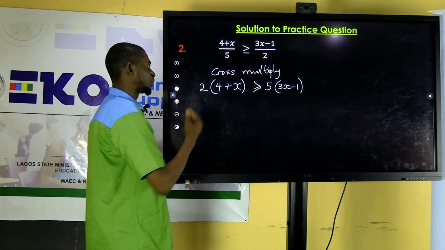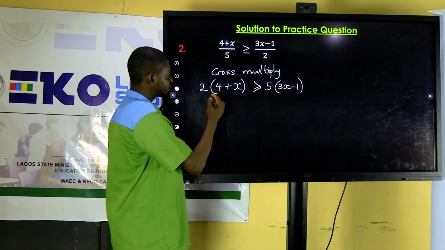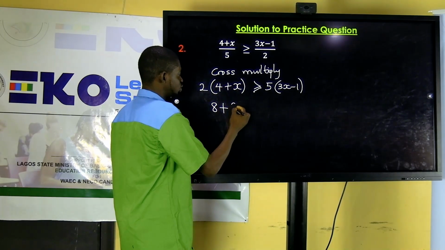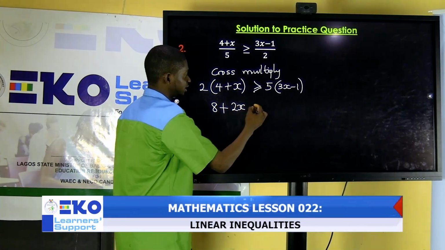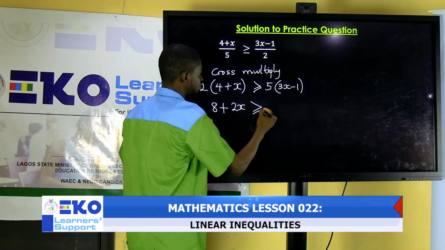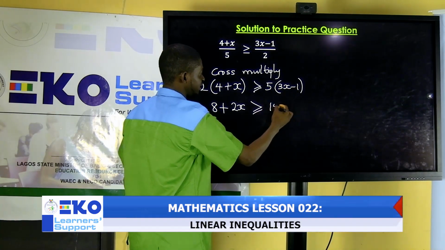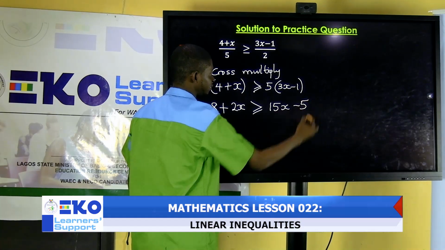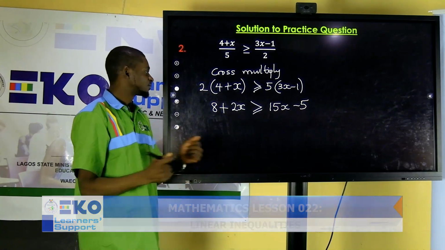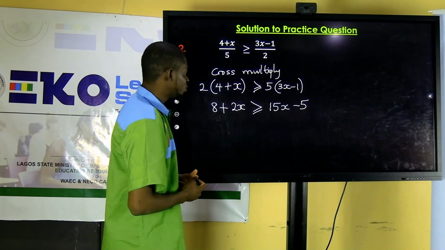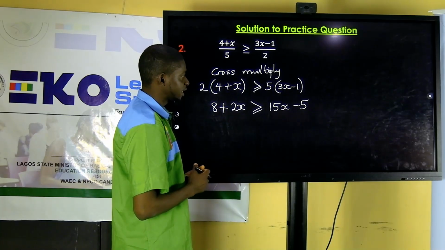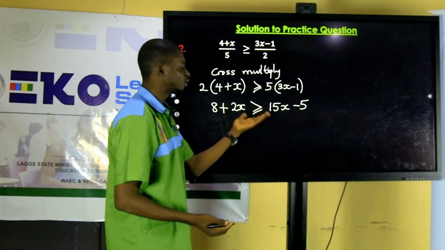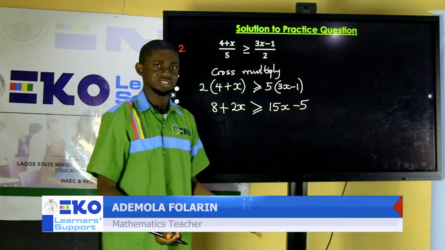Next, we open the bracket. Opening the bracket, it becomes 8 plus 2x greater than or equal to 15x minus 5. The bracket is gone. So here we can say, let's collect like terms. You are free to pack your terms involving x to any side of the inequalities.